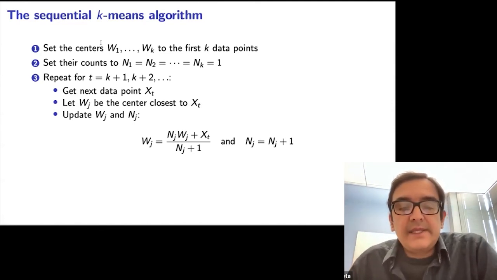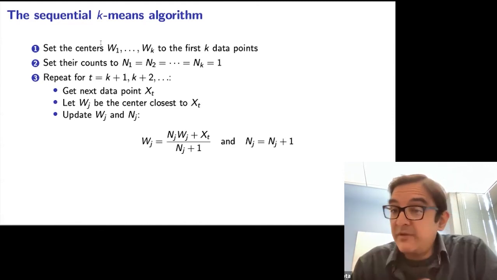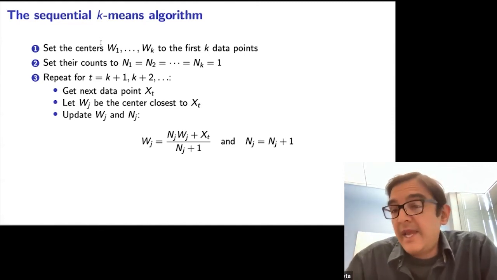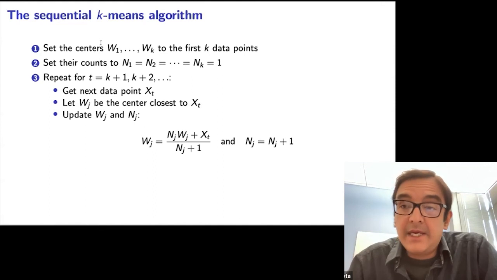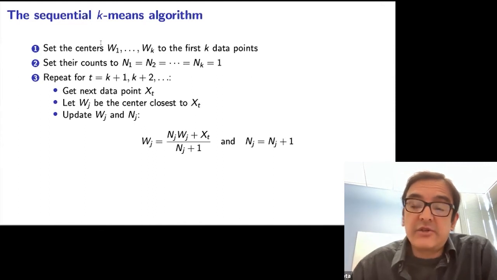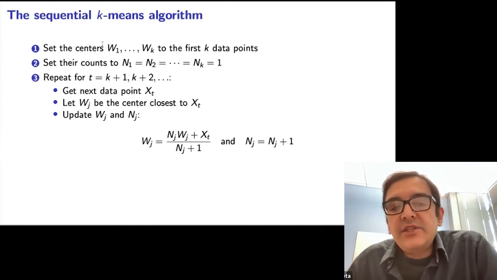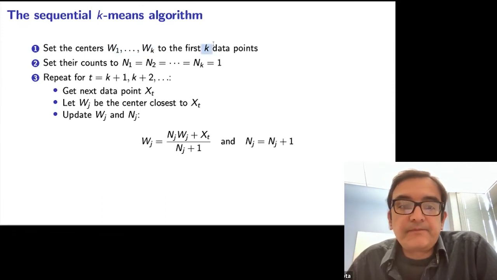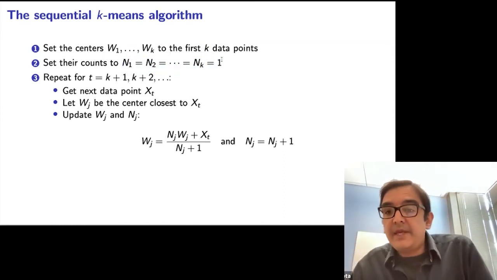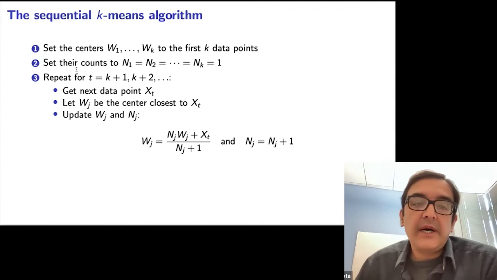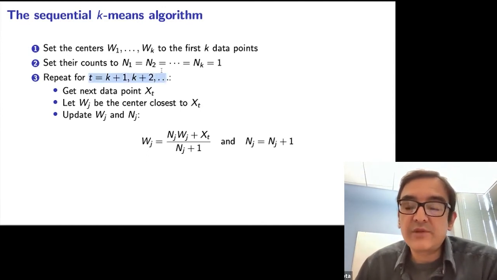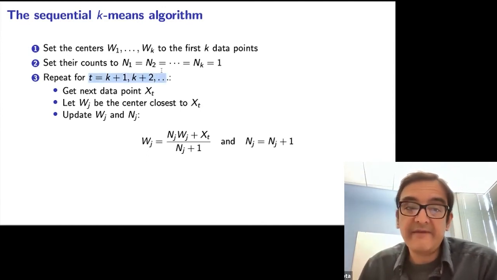You get a stream of data forever. In our case, we can pretend that the data are drawn from this underlying distribution, and you initialize the centers to the first k data points in that stream, and you set the counts for the centers to be 1. And now you keep going for t equals k plus 1, k plus 2, ad infinitum.